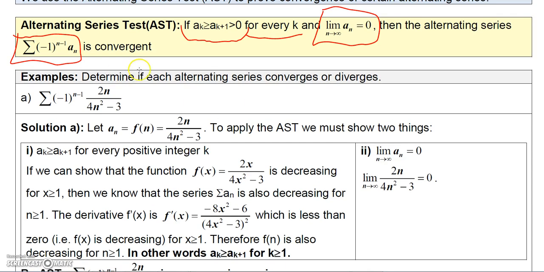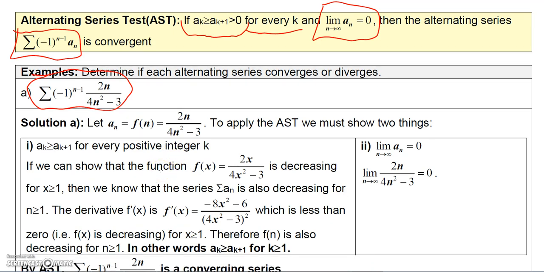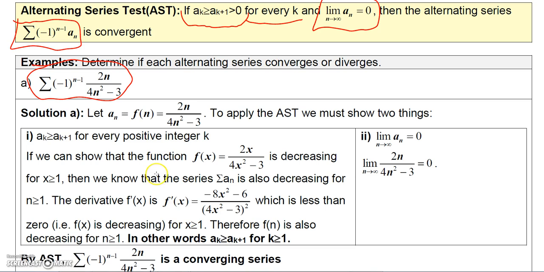Okay, so let's determine if this series here converges or diverges. What we have to show is that each successive term is less than or equal to the term before it. So basically, we're trying to show that the series is a decreasing series.